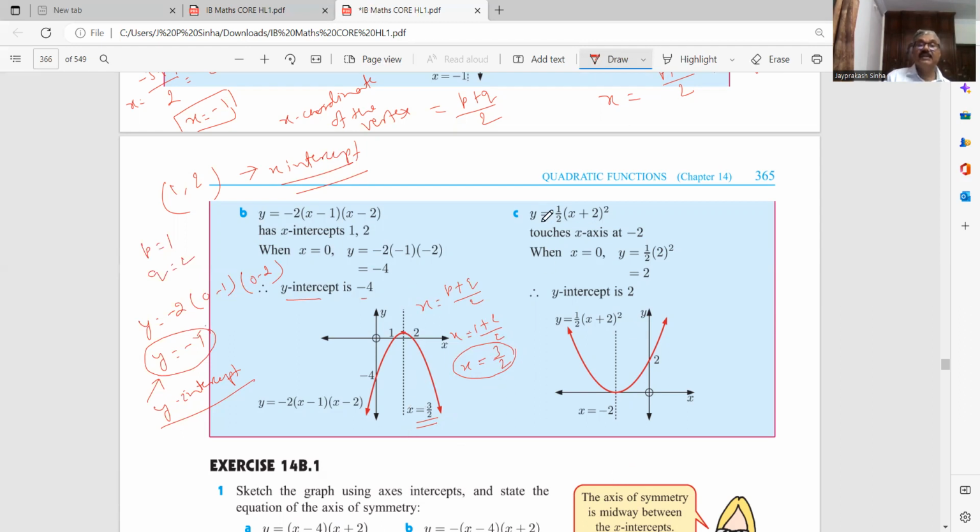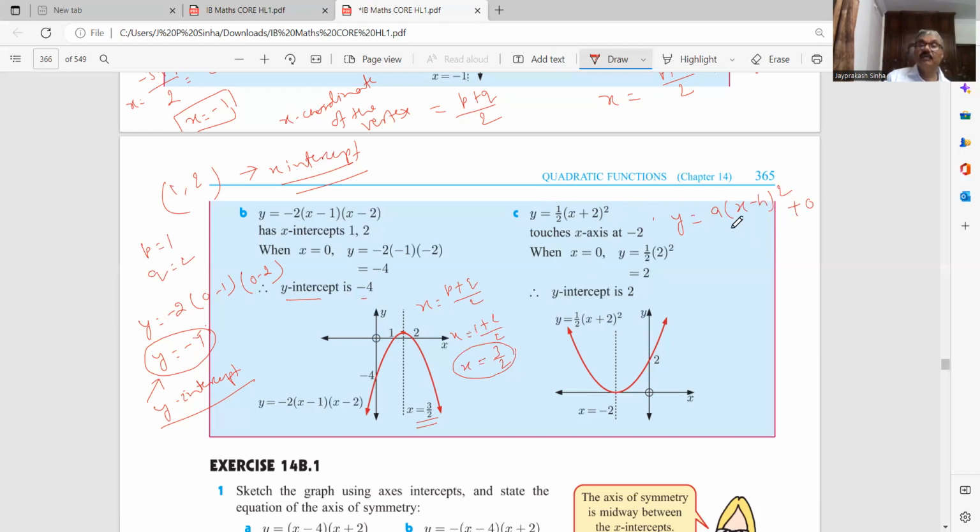Now, this is the case y is equal to half of x plus 2 whole square. This is the third form. Here this is the form of y is equal to a into x minus h whole square plus 0, because here the value of k is equal to 0.